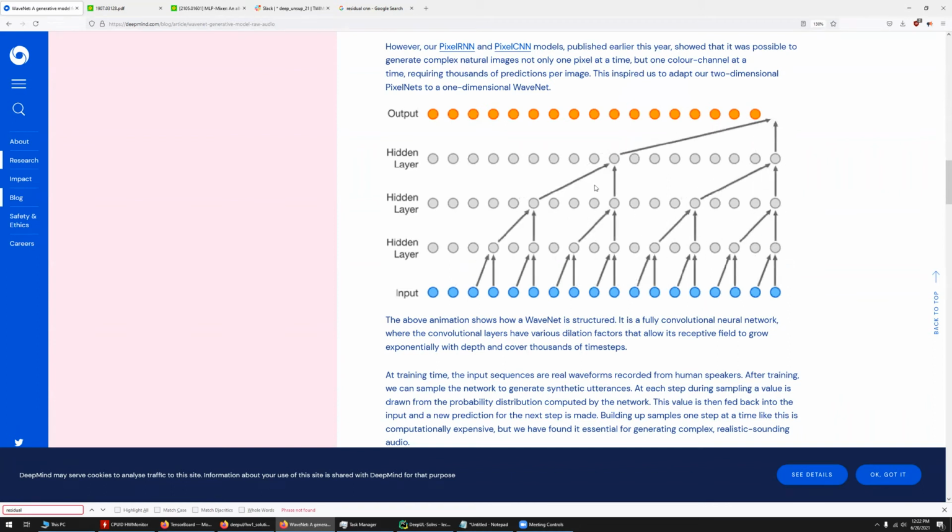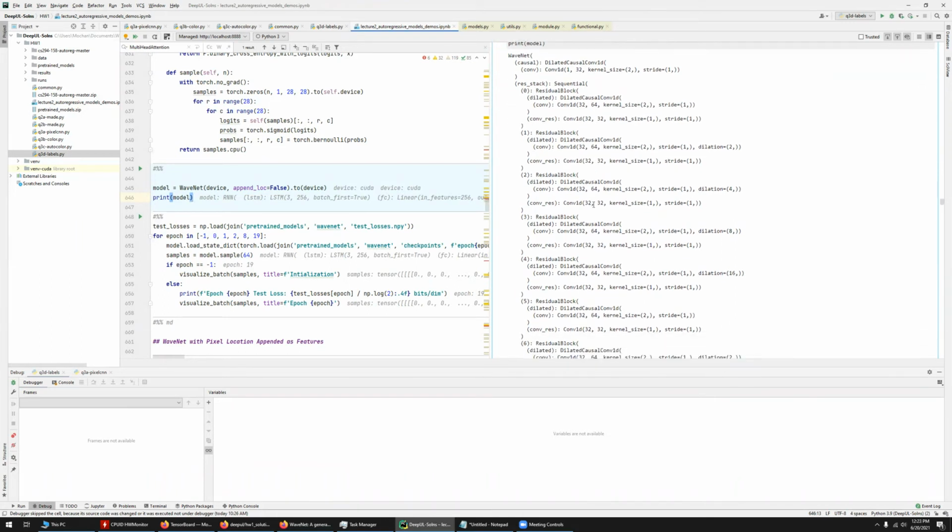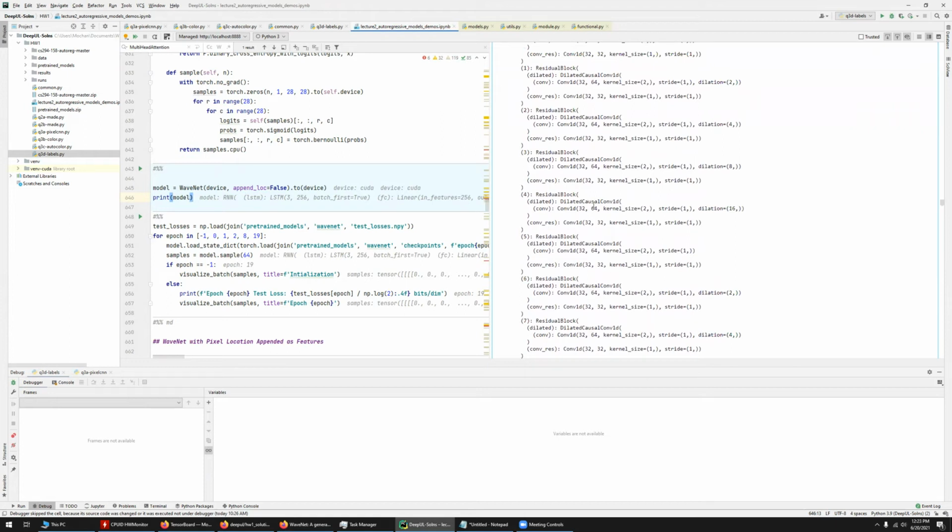This diagram, I tried to see if I could figure it out, but it doesn't seem quite obvious what's going on to me. So again, this is another one that I think we have to run through and look at the training and see what is going on in detail.